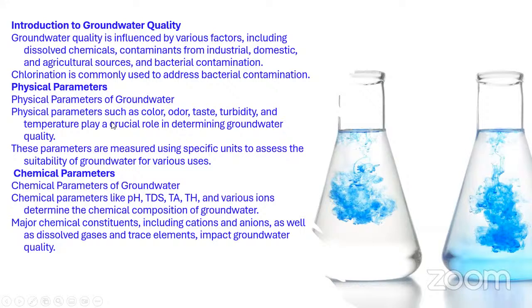It may affect the physical parameters or the chemical parameters of the groundwater due to contamination from industrial, domestic, agricultural sources and bacterial contamination. So when these parameters are affected by these activities, we can say that the groundwater quality of the particular area is affected.